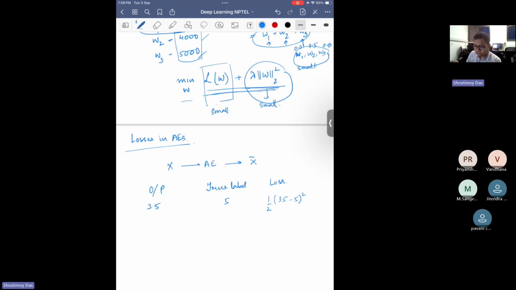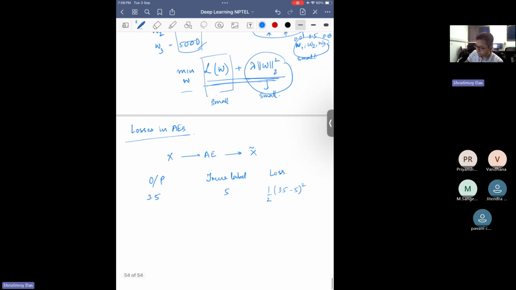Now suppose I'm talking about binary classification: we have an image of a cat, labeled 1, and the other label is monkey, 0. What type of loss will I use here?